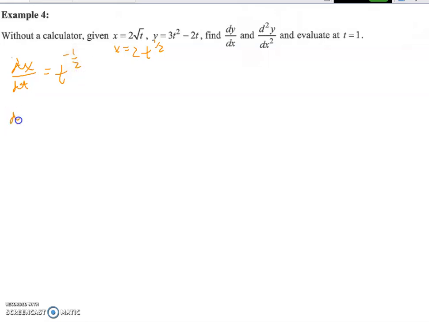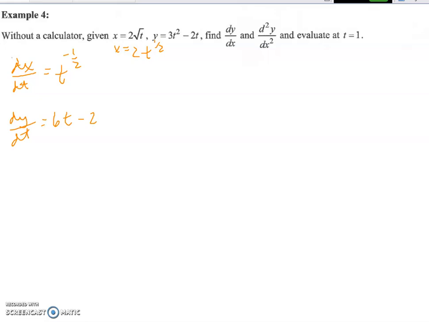We can find dy/dt. So dy/dt is equal to 6t minus 2. So we're going to use those two to help us determine dy/dx and then evaluate at t equals 1, and then determine d2y/dx2 and then evaluate at 1.